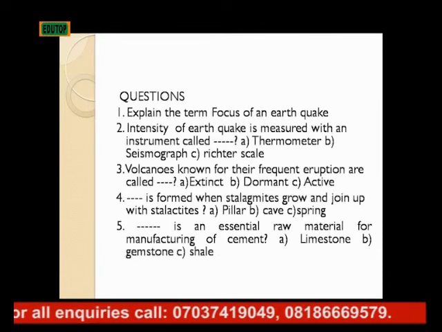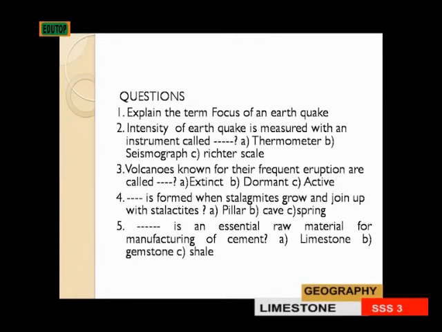B, seismograph. And C, the Richter. Number 3, volcanoes known for their frequent eruption are called dash. We have the options: A, extinct volcanoes. B, dormant volcanoes. And C, active volcanoes.